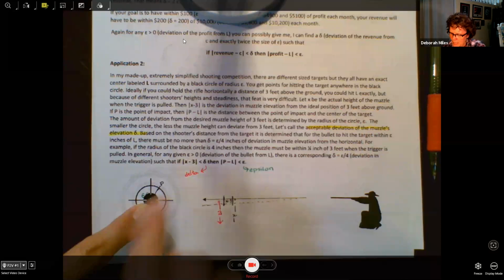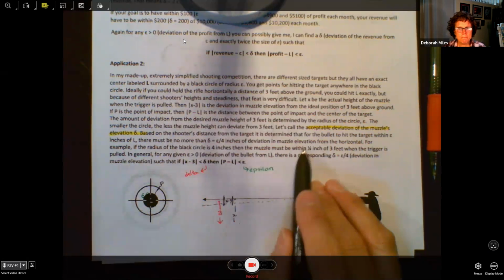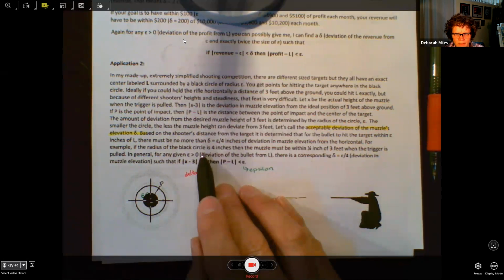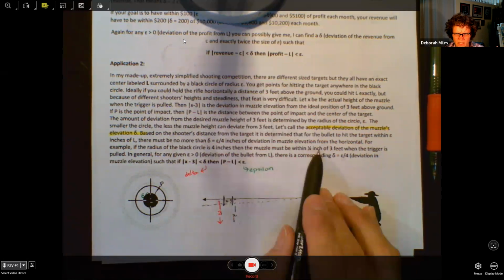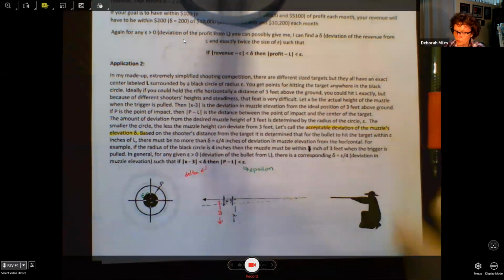For example, if the radius of the black circle is 4 inches, then the muzzle can only, don't tell me, the radius is black. Where did I get a 4th? Delta is, that's supposed to be 1. Yeah, I just made this last year, so I just found a typo.